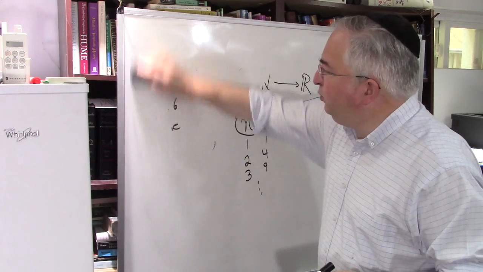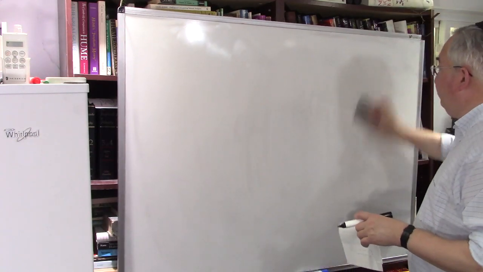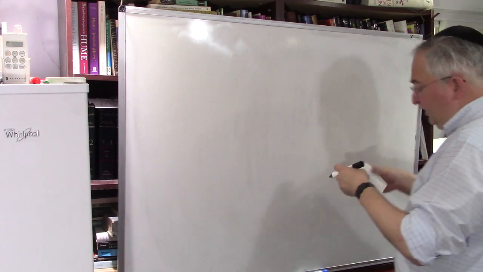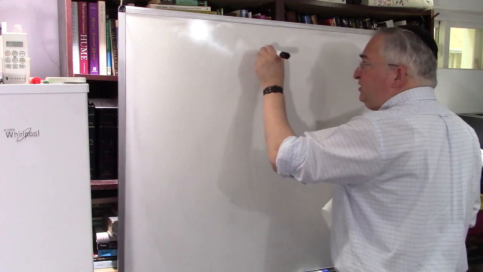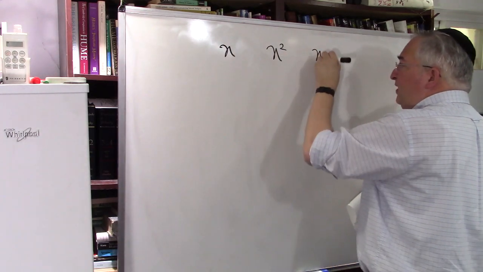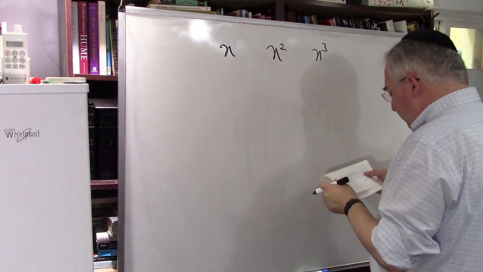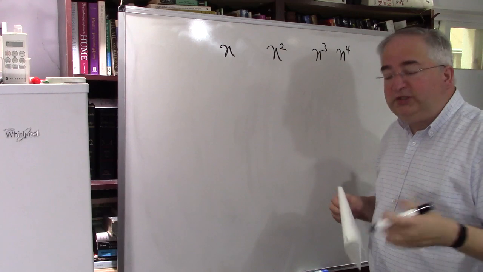I'm just foreshadowing a little what you're going to see in analysis of algorithms. You're going to see lots of different algorithms. Some of them are n squared, some of them are n, some of them are n to the third, some of them are n to the fourth. This is how much growth it takes.